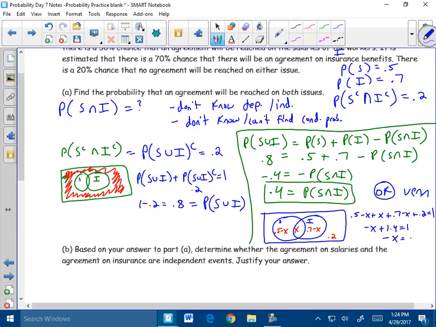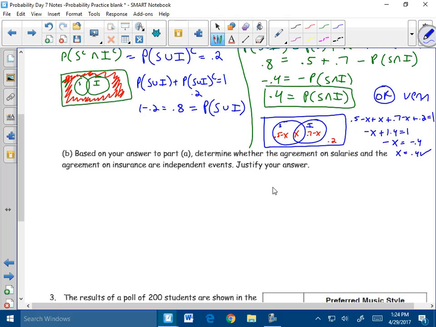So I get negative X equals negative 0.4, and therefore X is equal to 0.4, which is what we got up here. Okay, so a couple different options we could use to figure that out. This is kind of just thinking outside the box and how we can use what we know about probability to figure out some different stuff.